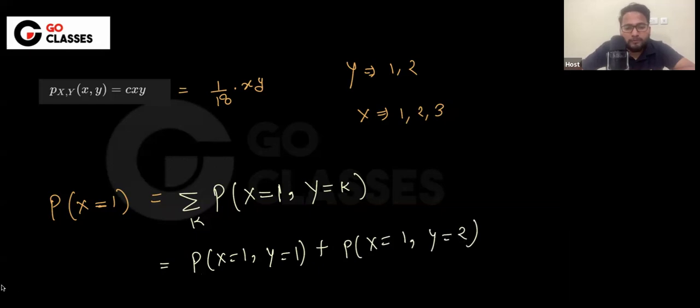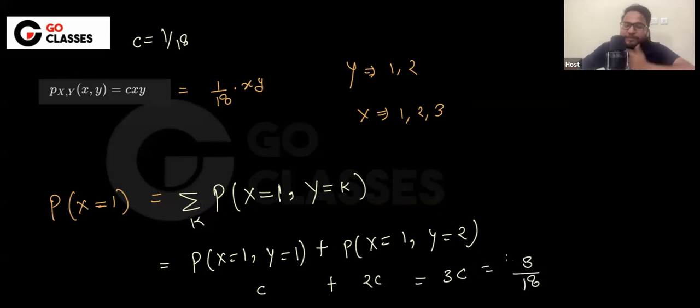What is this probability when both are 1? This probability is C. I can later plug in C as 1 by 18, which is fine. And this is 2C. So finally it is 3C, which means 3 by 18.